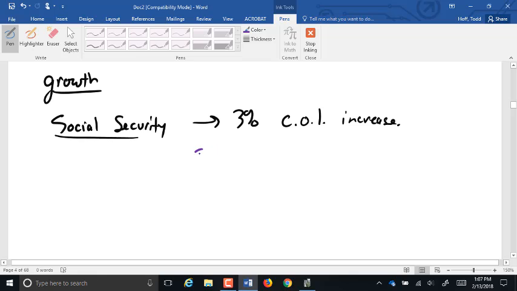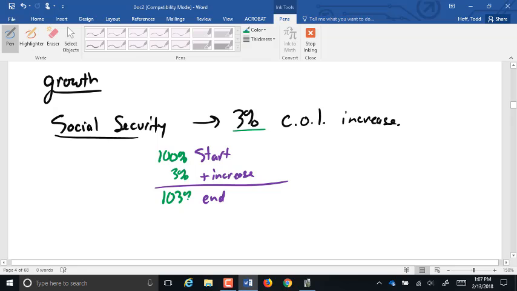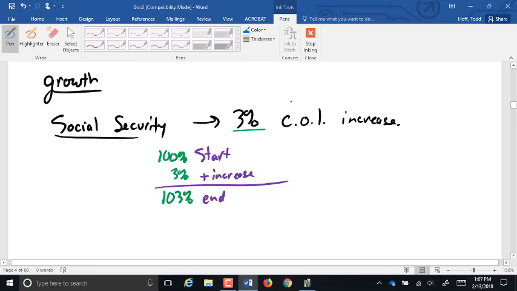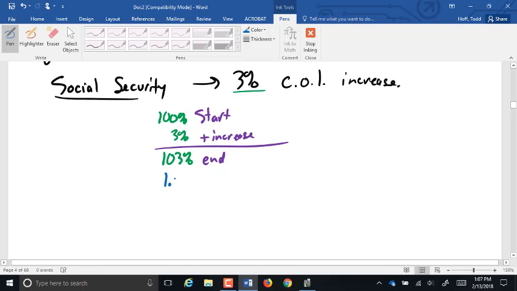So what that means is if you have your Social Security at the start of the year, you get your increase. That's going to give you the amount you're going to get at the end of the year. So if you take that starting value as 100%, our increase is 3%. What's your ending value going to be for that year? 103%. Now we're going to use the rate method of percent. 103 as a rate is 1.03, is equivalent to 103%.